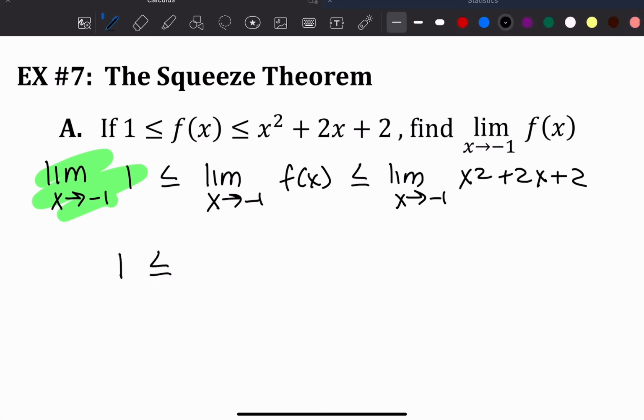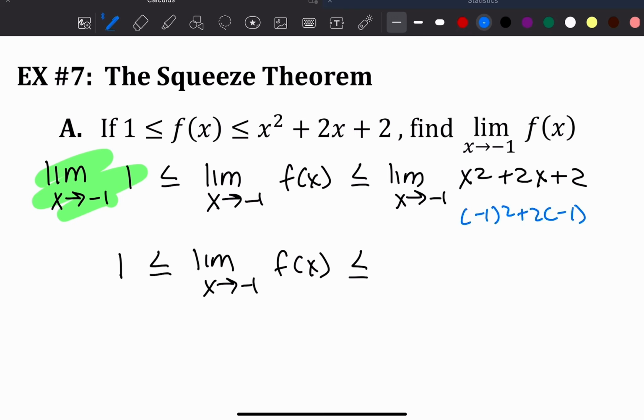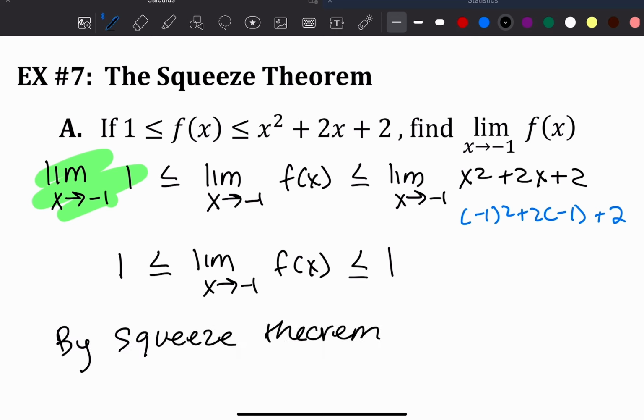So 1 is less than or equal to the limit as x approaches negative 1 of f of x is less than or equal to, and then here we're just plugging in negative 1 for the x's. So negative 1 squared plus 2 times negative 1 plus 2, that gives us 1. So by the squeeze theorem, the limit as x approaches negative 1 of f of x is also 1.